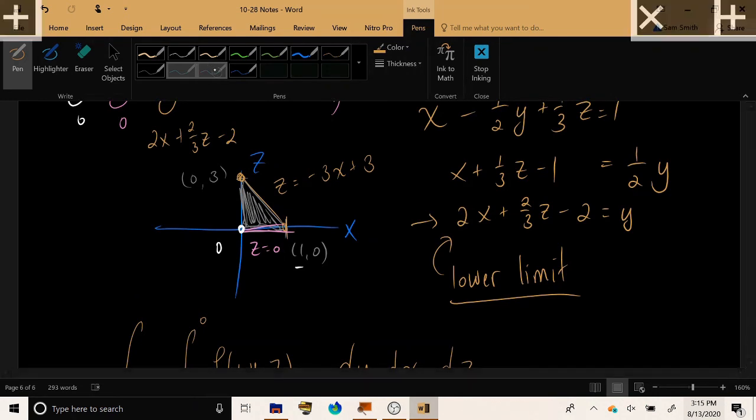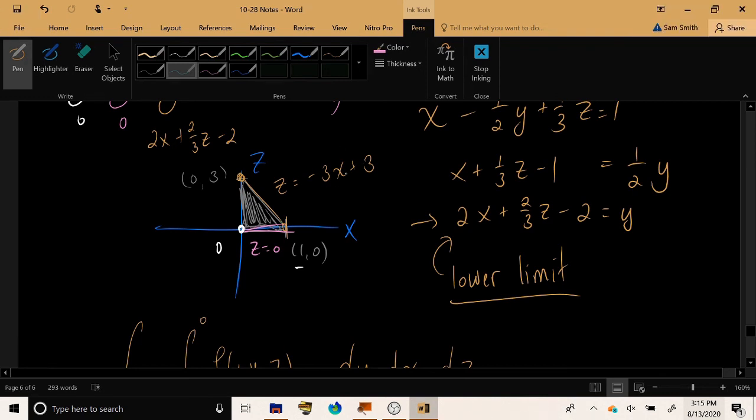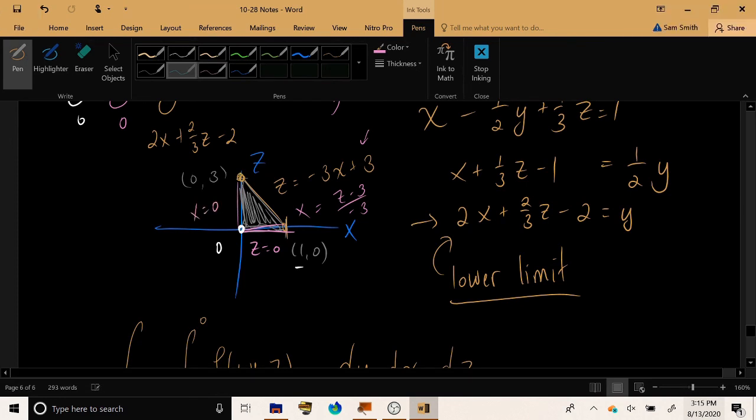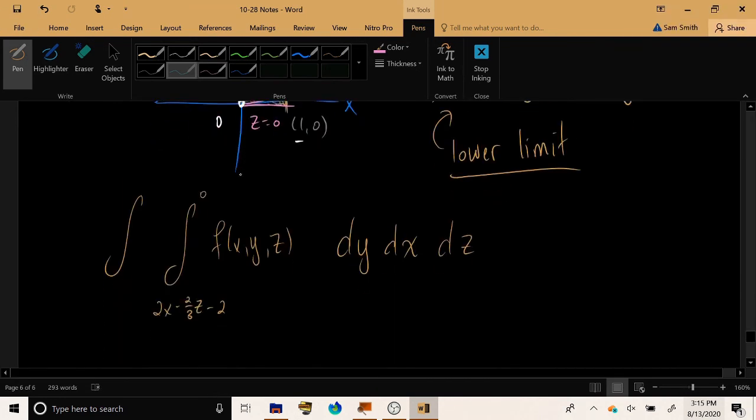And let's look at the equation of this line that bounds our region in the positive x direction. We solve this equation for x. We get z minus 3 all over -3 equals x. And that's our rightmost function. On the left, we have the value x equals 0. So x stretches between 0 on the bottom and z minus 3 over -3 on the top.